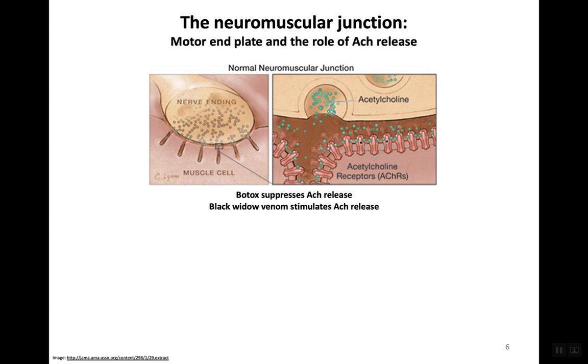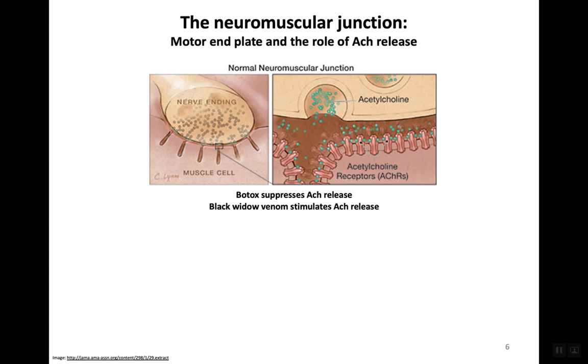For instance, Botox, which is a popular commercial product, contains small traces of a toxin that suppresses acetylcholine release, and in doing so, it relaxes the muscle and it provides a better surface appearance, let's say a less wrinkly one.